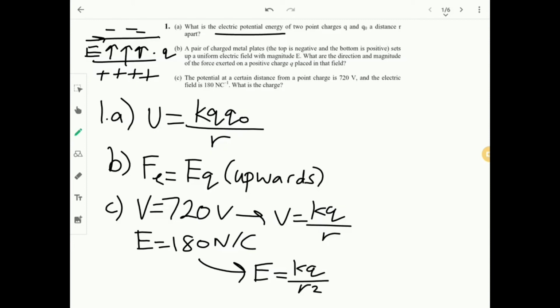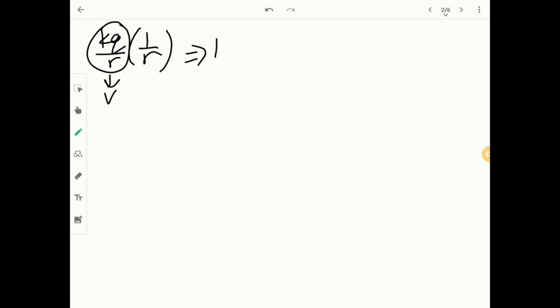Do we notice a similarity? E can be written as KQ over R times 1 over R, right? Since KQ over R is equal to V, don't we get E equals VR?